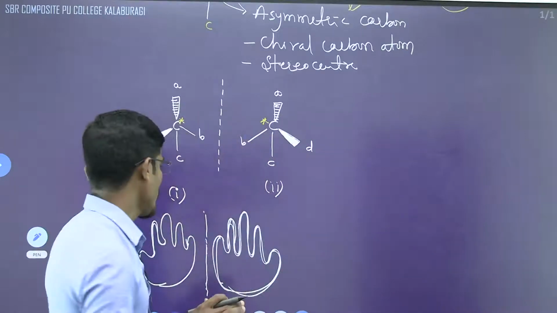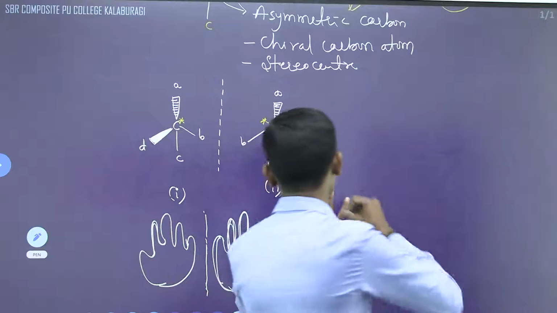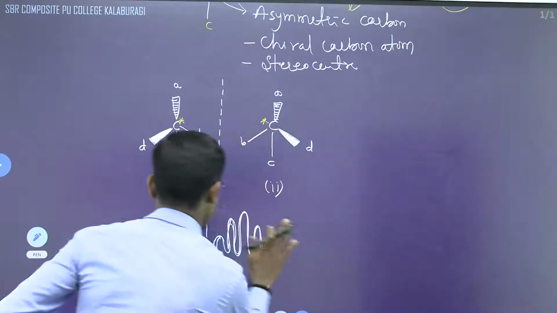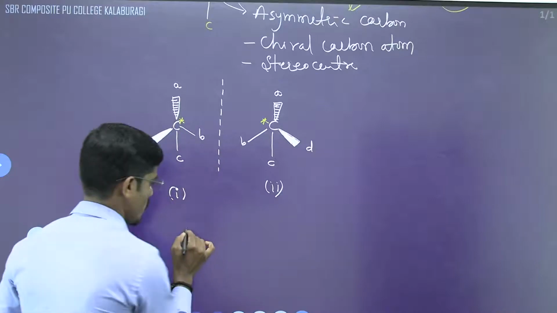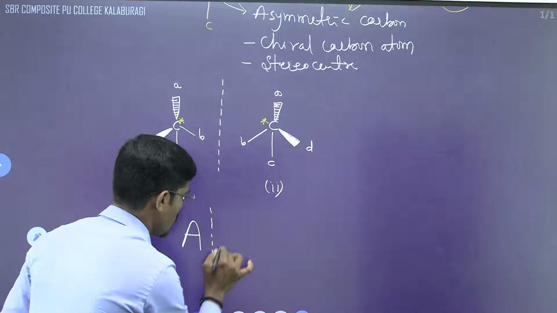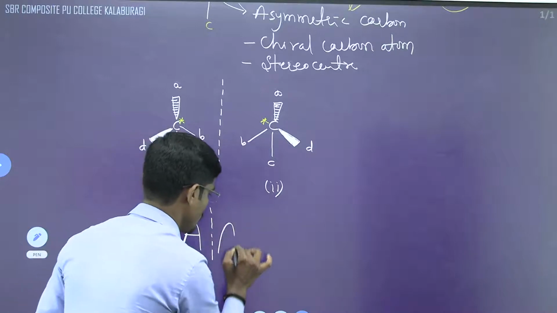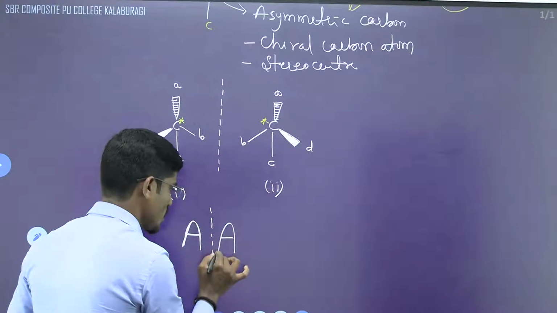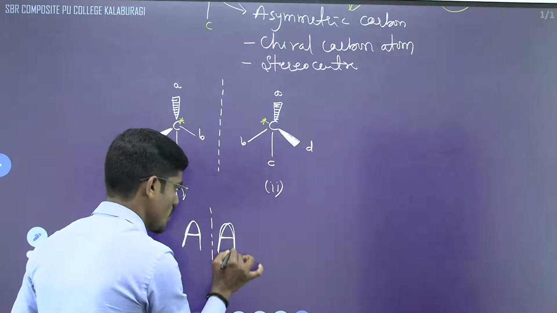Take the letter A: its mirror image is exactly the same, and the two are superimposable on each other.